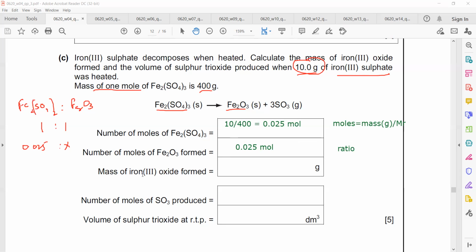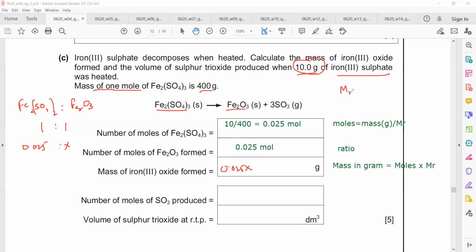Then the mass of iron oxide formed in gram. So how to get the mass in gram? We have the formula: mass in gram equals moles multiplied by molar mass. So moles we have is 0.025, multiplied by the molar mass of iron oxide. How to find the molar mass of iron oxide?